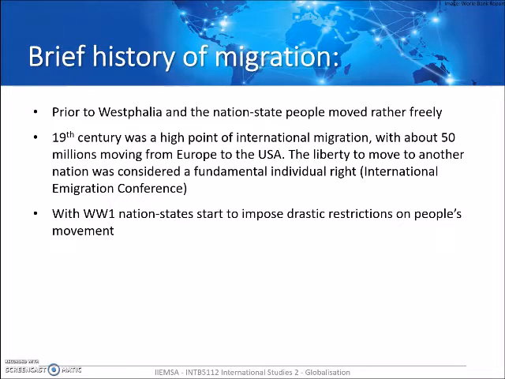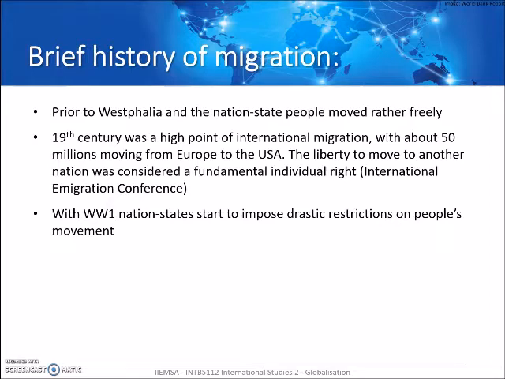Then fast forward almost 400 years, the 19th century was a high point of international migration, right? So despite the fact that we obviously have nation states in the 19th century, there was a very, very strong migration, particularly from Europe to the US, with about 50 million people moving from Europe to the US.